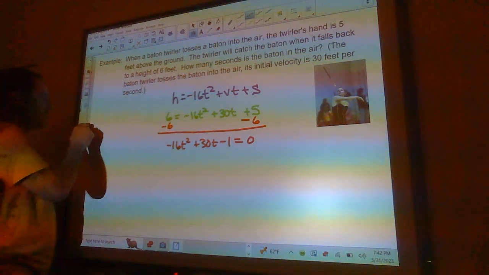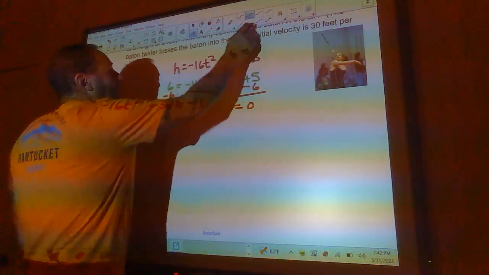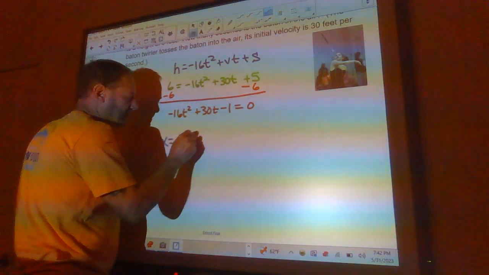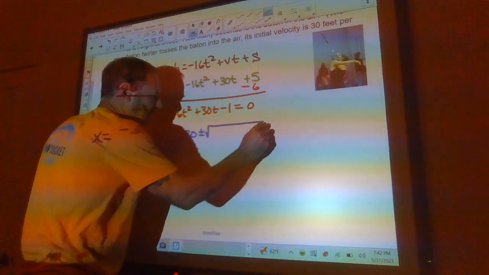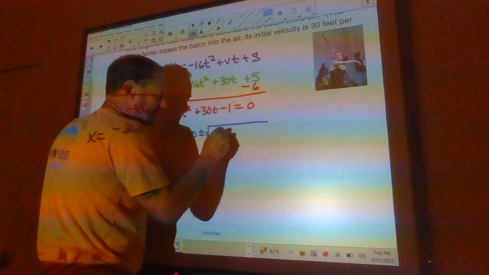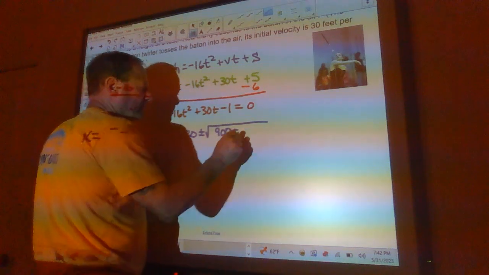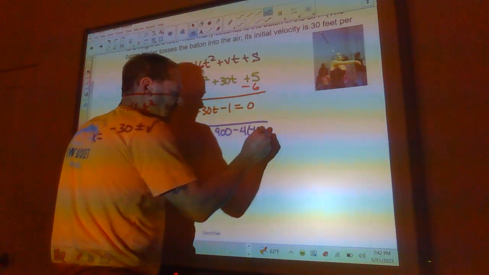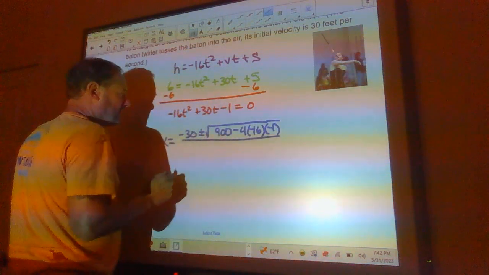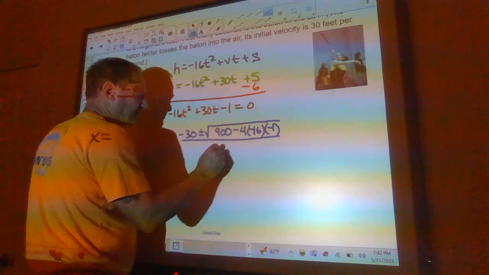Okay, so then we're going to use our quadratic formula. So x is going to equal negative b plus or minus the square root of b squared. Well, 30 squared is 900 minus 4 times a, which is negative 16, times c, which is negative 1, all over 2a would be negative 32.